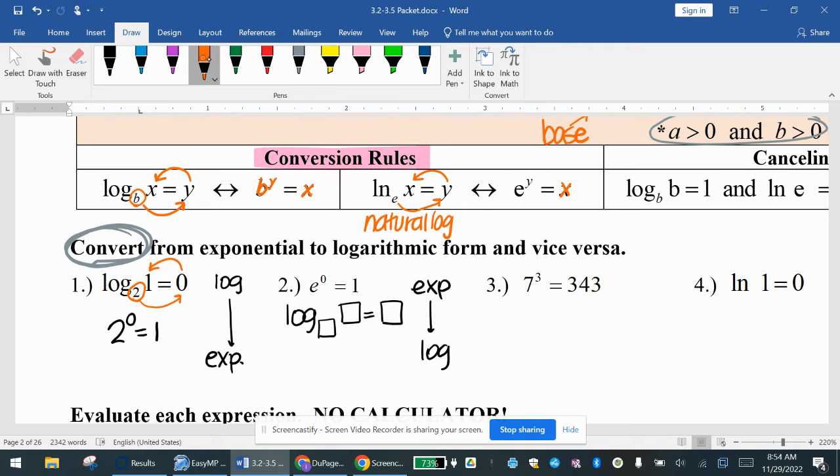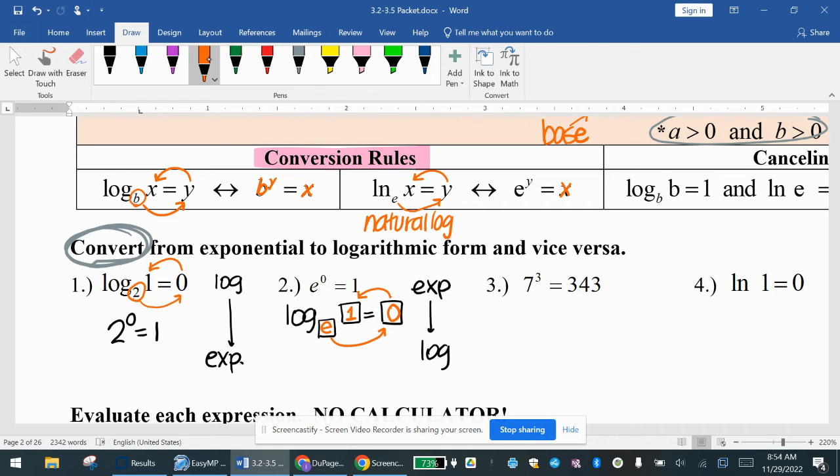And then you can kind of mimic the whoop whoop. So they have e to the 0 power. So that means e is the base of the log, 0 was after the equal sign, and then 1 is going to be the argument.